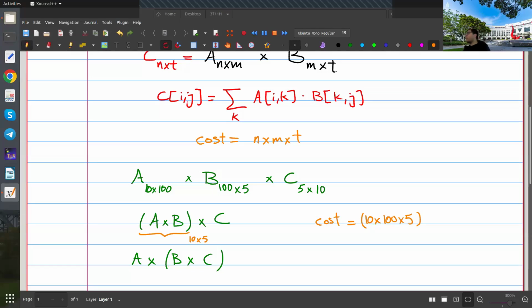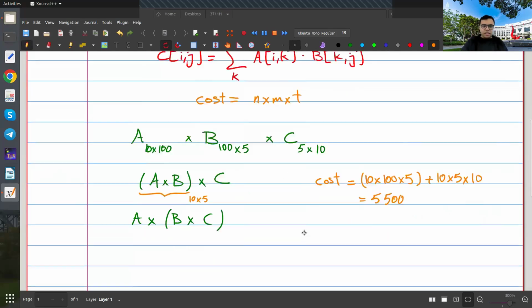And then I'm multiplying it by C, which is a 5 by 10 matrix. So the cost of the second multiplication is just going to be 10 times 5 times 10. Okay. So this is basically, well, this is 5,000, and this is 500, so 5,500 overall.